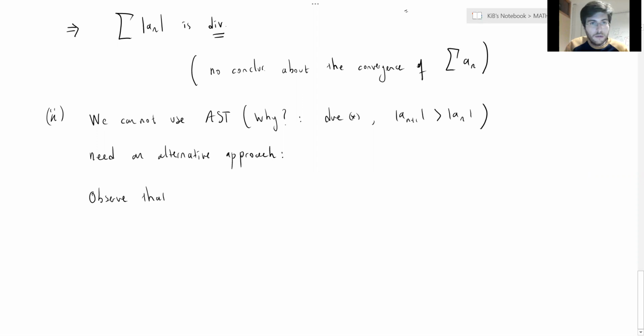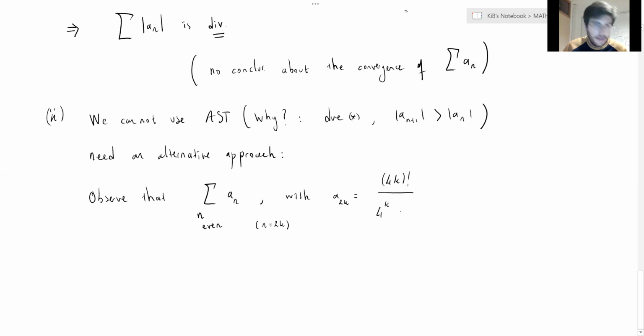If you look at the even indexed terms, so n even, and let's say n is 2k, okay? If you compute a_{2k}, you have a term like this.